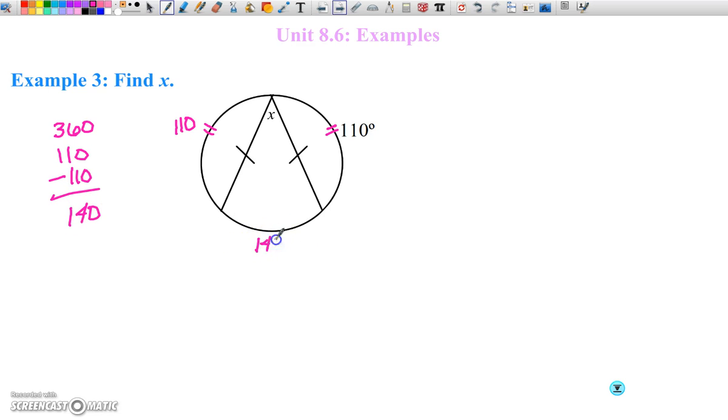So if this arc is 140 degrees, from here all the way around to here, then x is half of that arc, and half of 140 is 70, so that angle is 70 degrees.